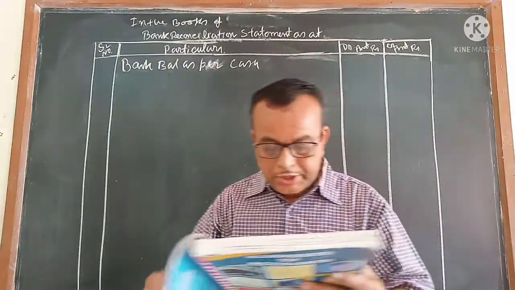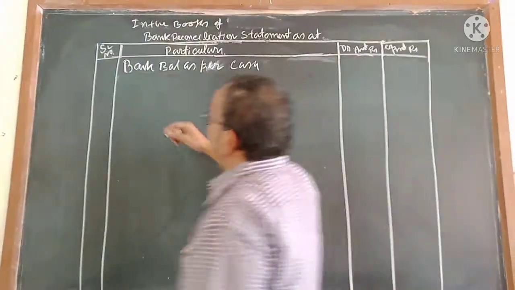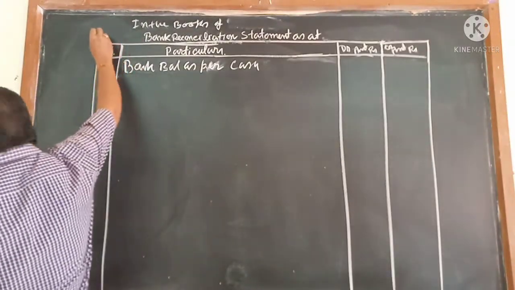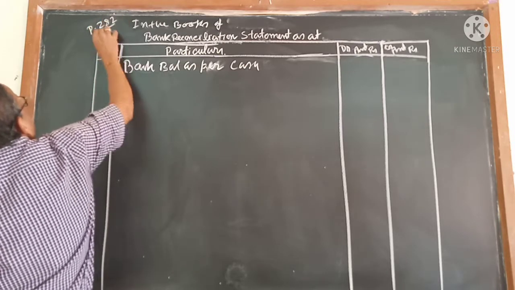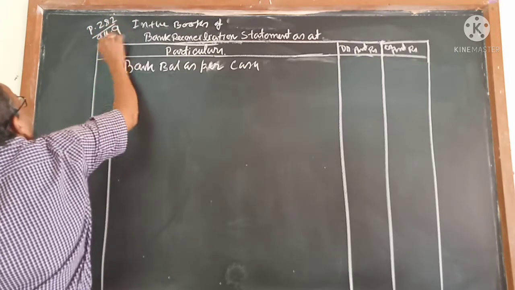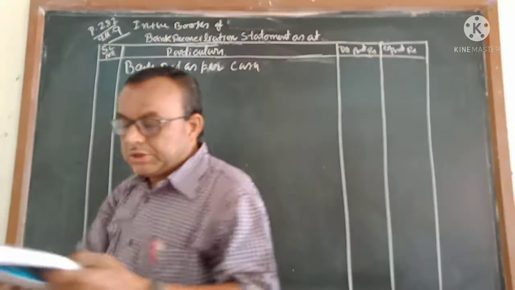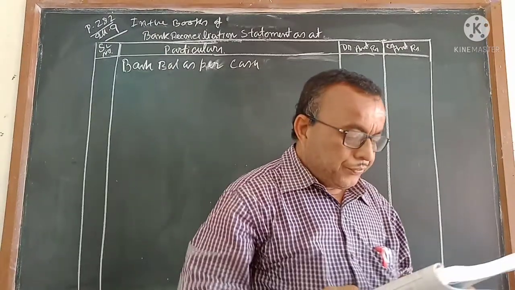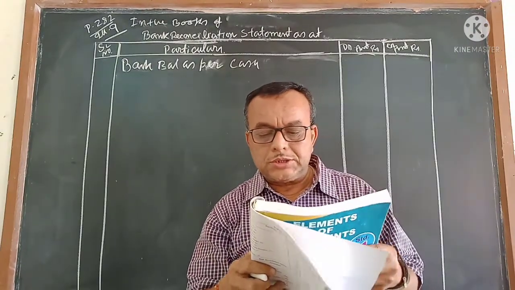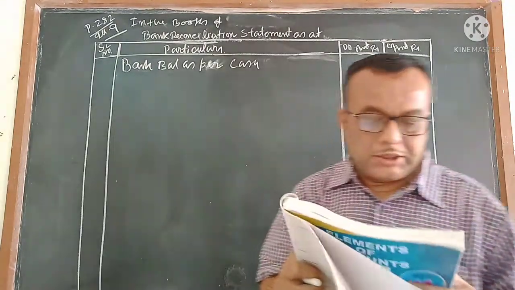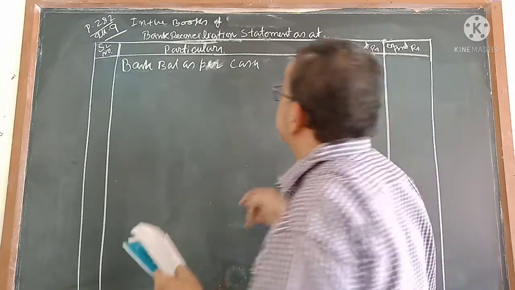Page number 282, illustration 9. From the following information given below, prepare the bank reconciliation statement of Nissan for April 2016.